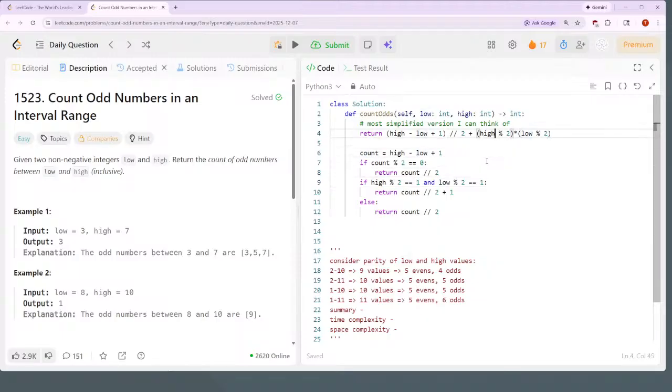What if you just did high minus low divided by 2, instead of high minus low plus 1 divided by 2? So high minus low here would be 8, divided by 2 would be 4.